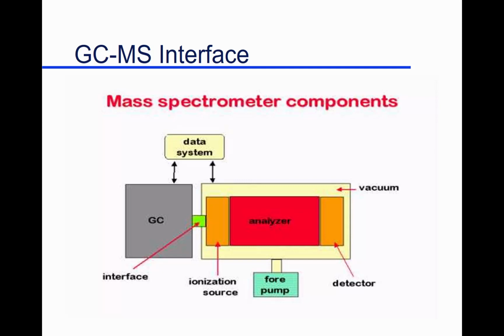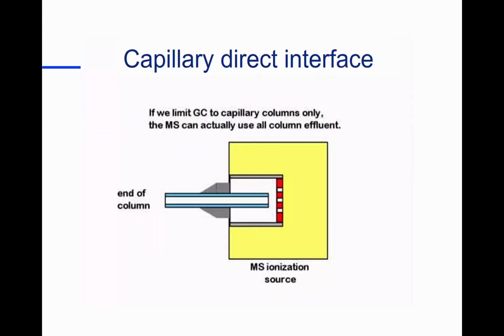Now our flow is sufficiently small that we can make a direct interface. We can tolerate a mil a minute of gas going in, but we can't tolerate 10 or 20 mils per minute that we used to do. So actually, the improvement in gas chromatography made mass spectrometry easier. And so the end of the column simply goes right into the ionization source of the mass spectrometer.